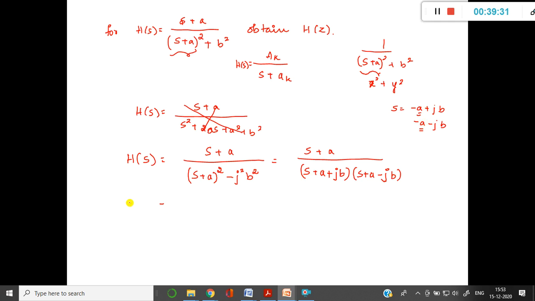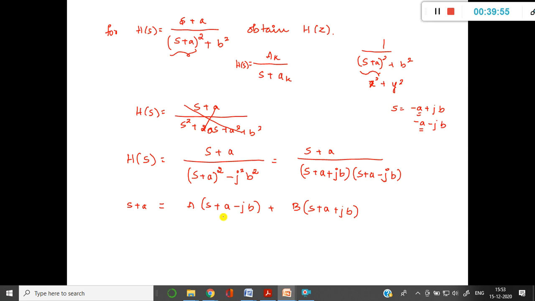Now apply the partial fraction method and obtain the values of a and b. So that is s plus a equal to a into (s plus a minus jb) plus b times (s plus a plus jb). Probably you are going to get a and b both as 1 by 2.